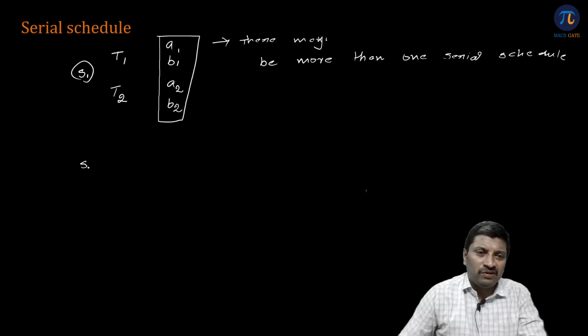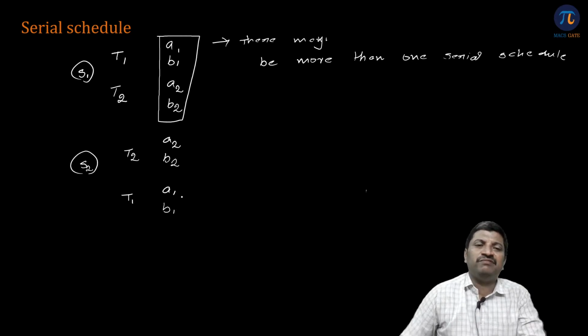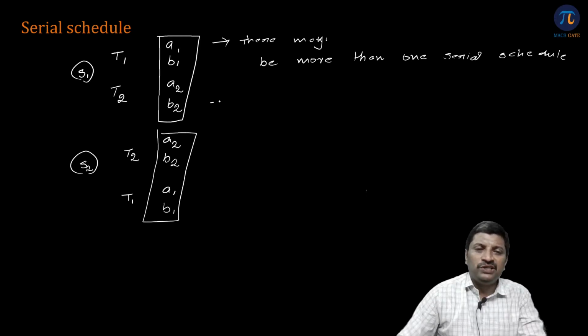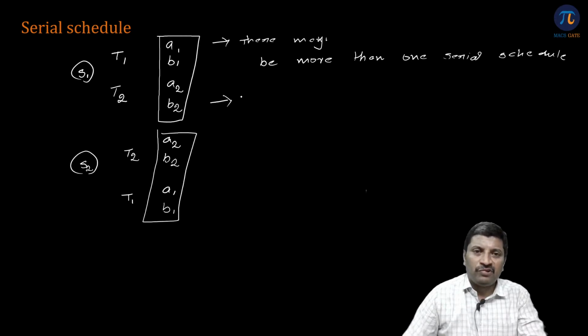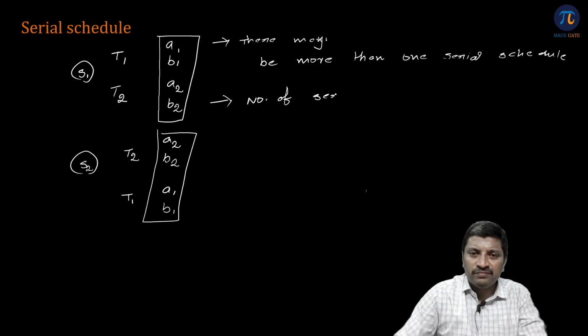Instead of that, I can have T2 followed by T1. What is meant by it, sir? I will complete the operations of T2, followed by the operations of T1. This is another serial schedule. Now the question is, how many can you have? The number of serial schedules.